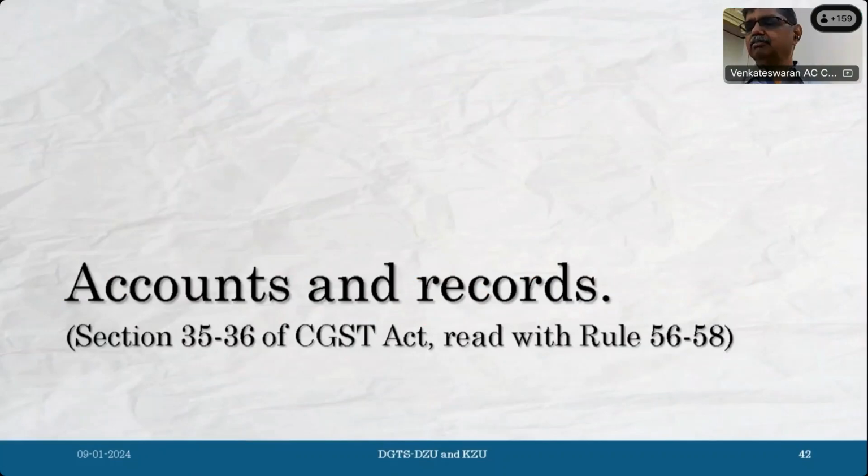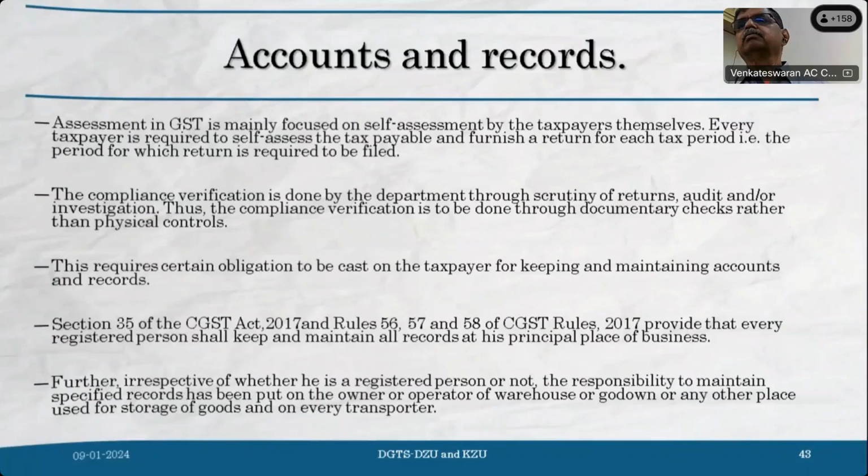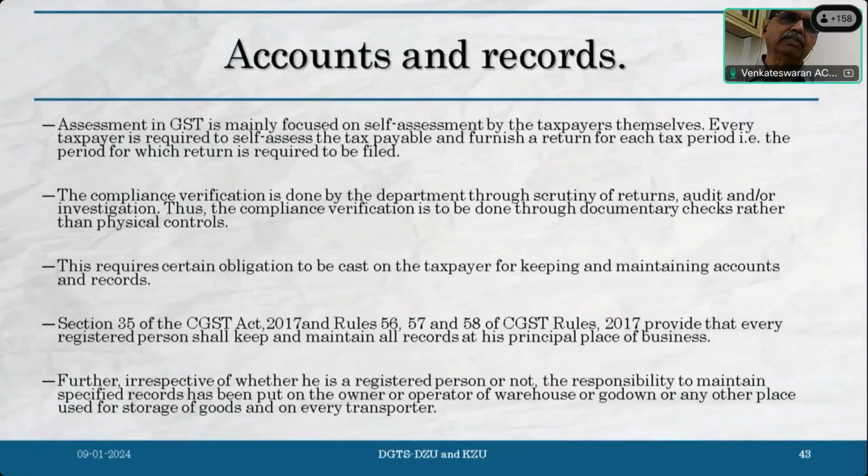Then accounts and records. By and large you will know all people are maintaining electronic records. Here the sections are 35 to 36, read with rules 56 to 58. The assessment is based on all these documents. Since the invoice is a mandatory assessment document, your other documents are necessarily assessment documents. So you have to keep accounts and records for the purpose of inward supply, outward supply and export.